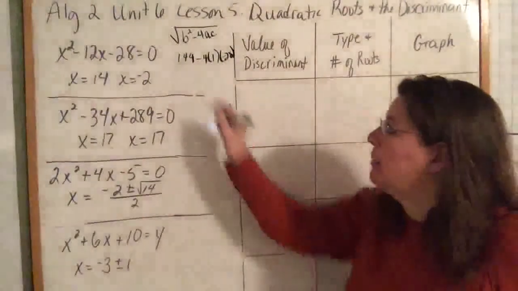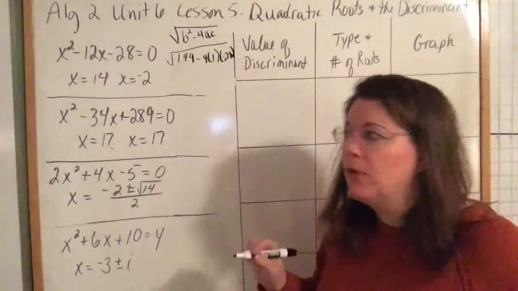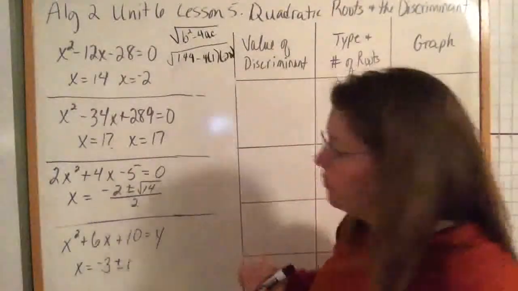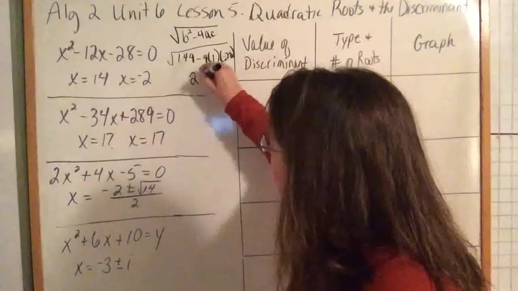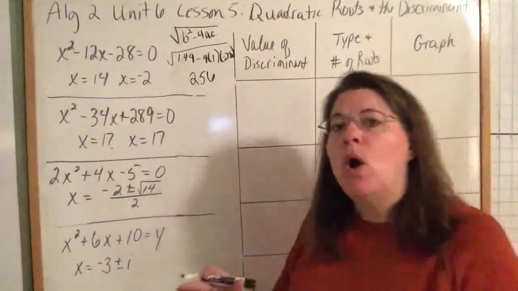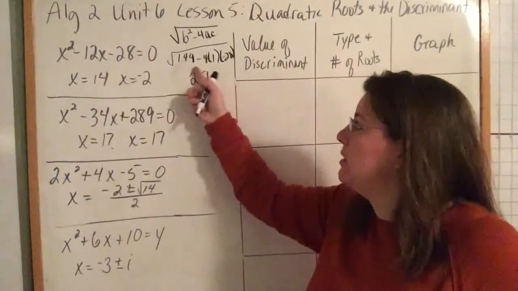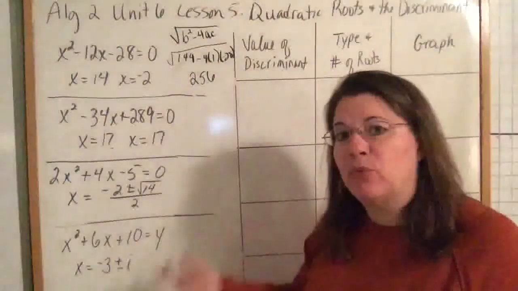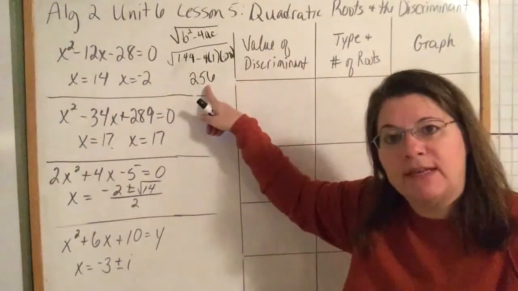And then the number underneath that radical sign ended up being 256. So now, all we need to worry about is what this number is, because that's what's significant about what happens with our roots. Well, if you think about this, the square root of 256 was 16.